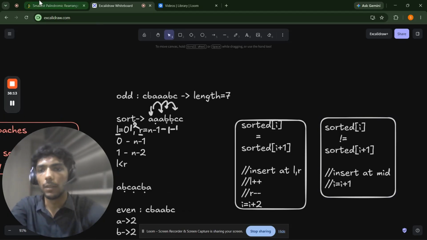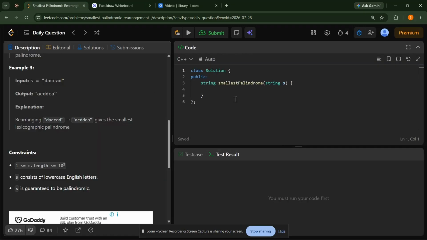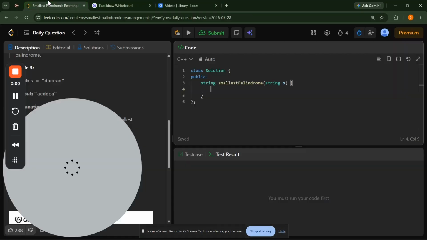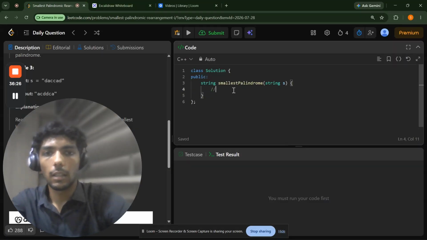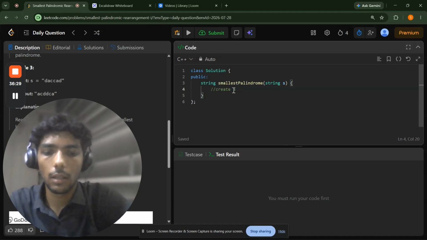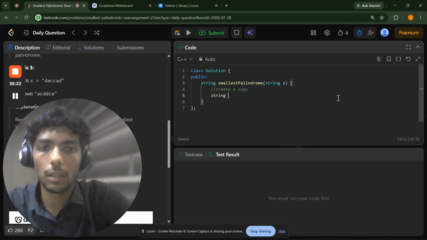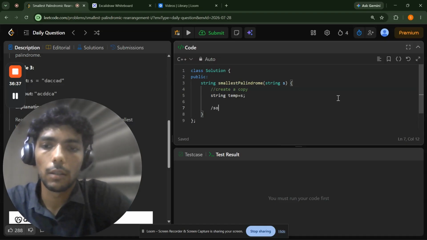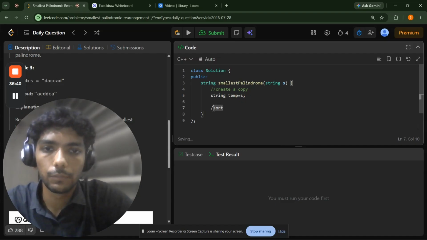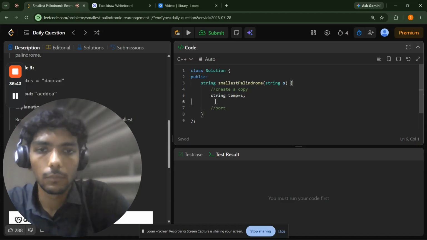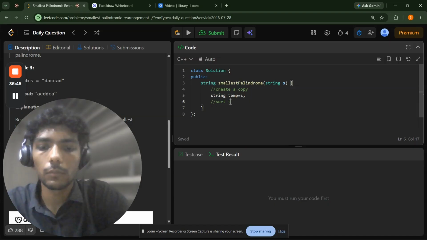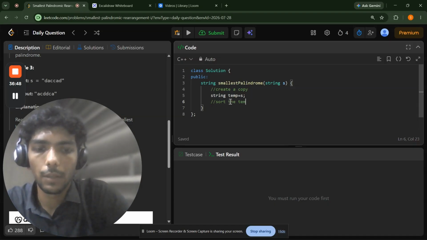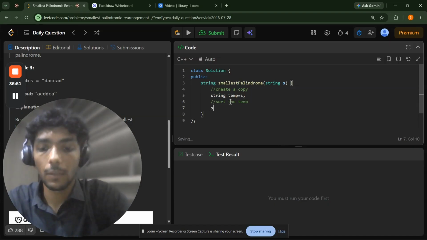So let's implement this. Let's create a copy string, temp equals S, and we sort the temp string.